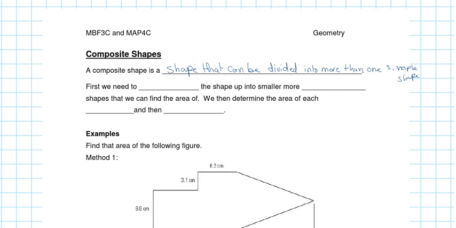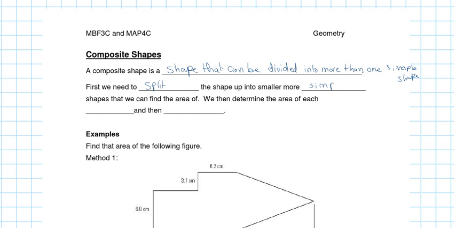First, we need to cut the shape up into smaller, more simple shapes that we can find the area of. We then determine the area of each shape, and then we can add them, or sometimes we can even subtract.